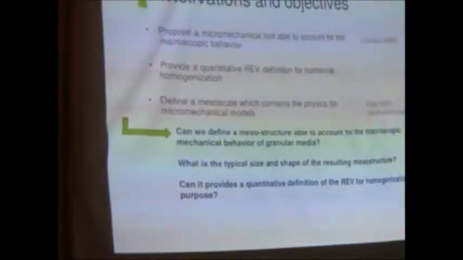So the objective of my presentation today is to investigate whether we can propose micromechanical tools that are able to account for the macroscopic behavior, and to provide a quantitative representative elementary volume definition in order to perform numerical homogenization afterwards, or also to define a mesoscale which contains the physics of granular materials, and that can be used, for instance, to develop micromechanical models.